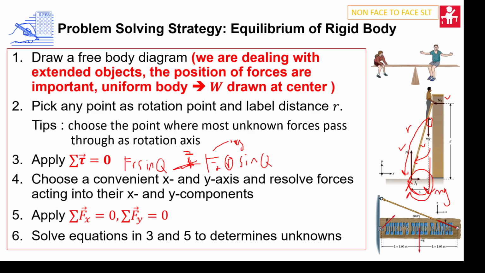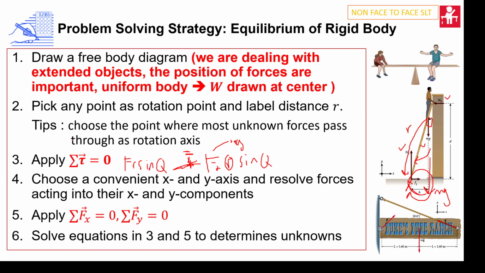Even though it's a summation, which we know is a plus, it depends on the direction of the torque's rotation. If it's clockwise, it's negative. If it's anti-clockwise, it's positive. Bear that in mind.